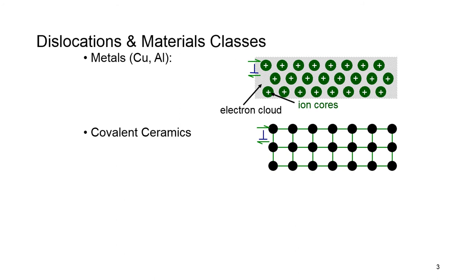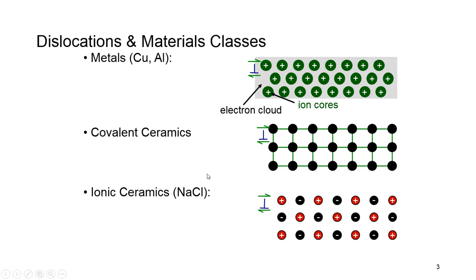When we move to ceramics, mostly ceramics like silicon or diamond, we see mostly covalent bonds. Of course, motion for dislocations is harder, is difficult, and we have directional or angular bonding.